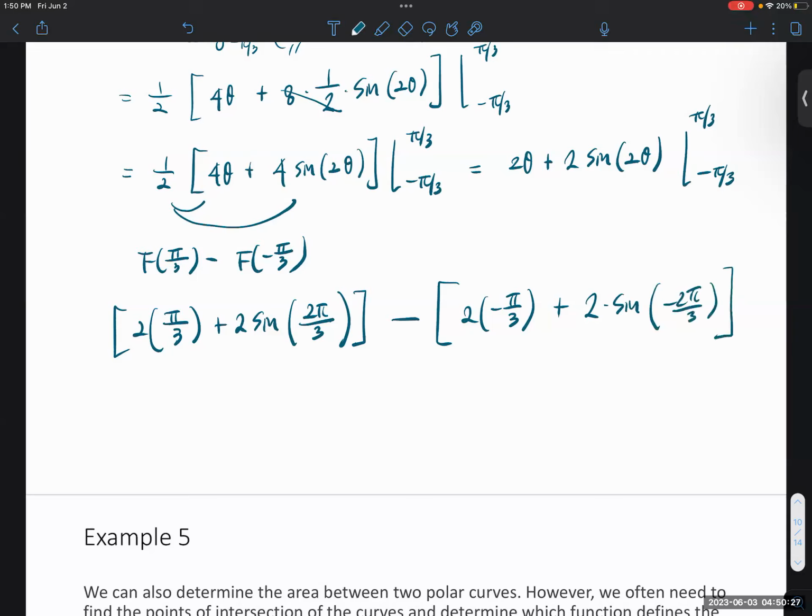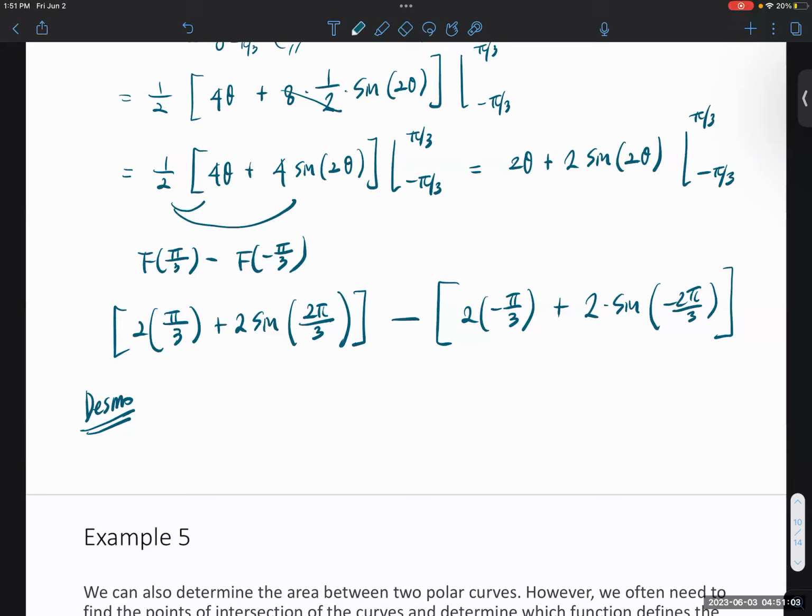I know this calculation is a little bit ugly, right? So you can simplify by using decimals. If you just enter those complicated expressions into a calculator, we can simplify as much as we can. So this is 2 pi over 3 plus 2 sine 2 pi over 3, and then you plug in. I'm going to actually stop here because you can just enter it. Go to decimal, type all this expression.